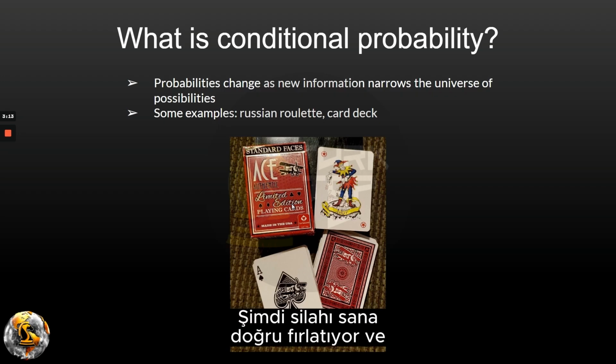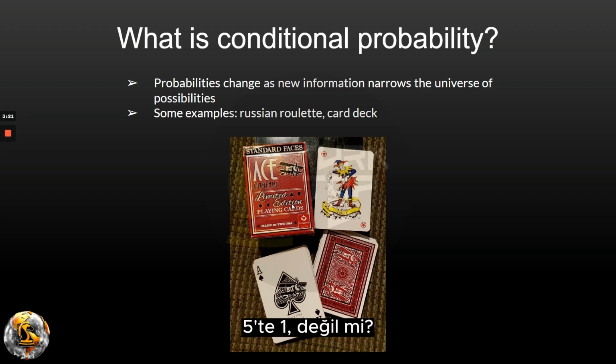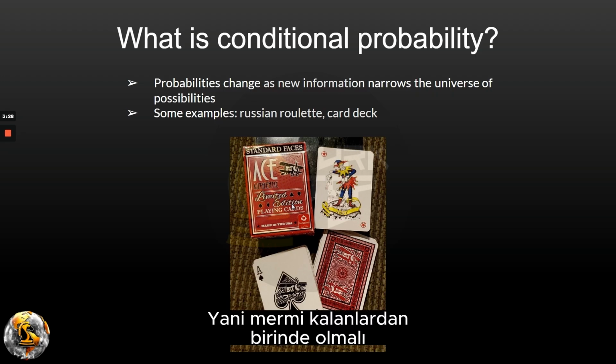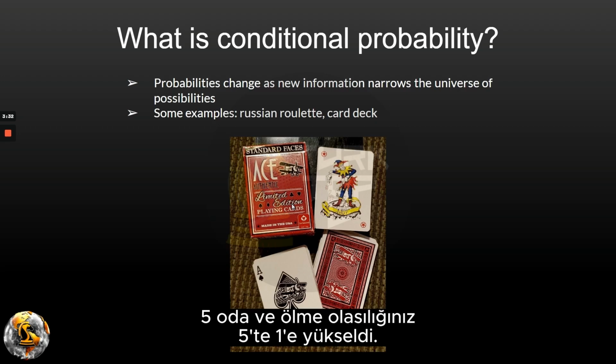Now he throws the gun towards you, and if you shoot, the chance of the gun killing you is 1 out of 5, right? Because you already know that one of the chambers was empty, the one that he shot. So the bullet has to be in one of the remaining 5 chambers, and your odds of dying just increased to 1 out of 5.